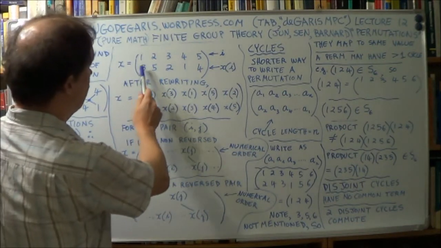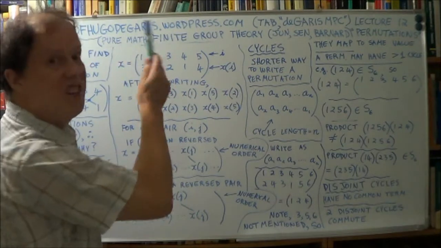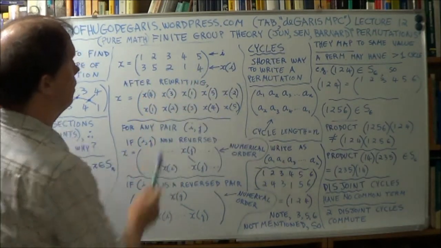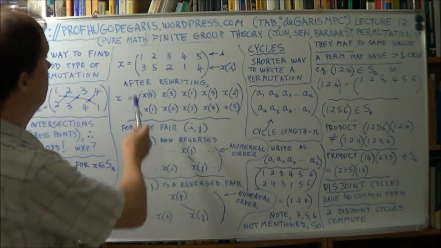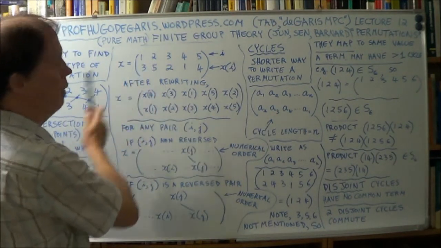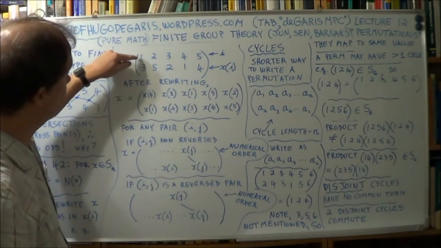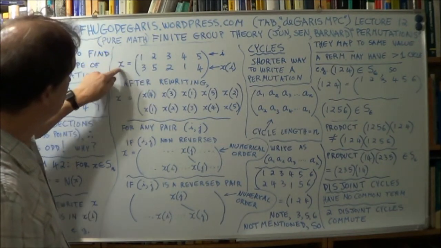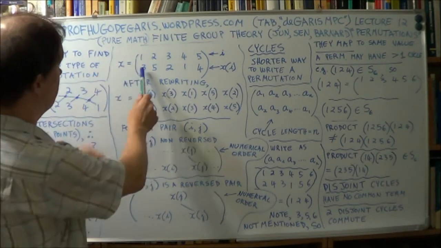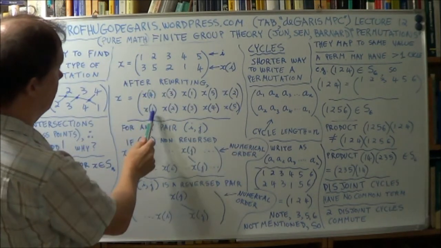Now let's rewrite the second row, the lower row. This 3 here, what is it? Well, it's x of 1. If you permute 1 using your x, you get 3. So instead of 3 here, I can put x of 1.